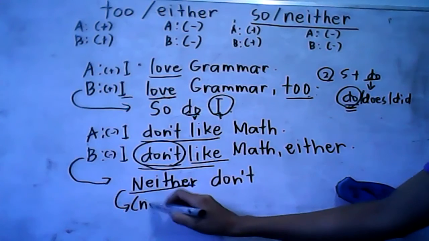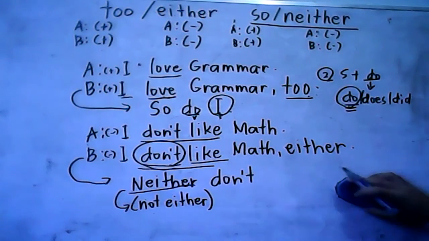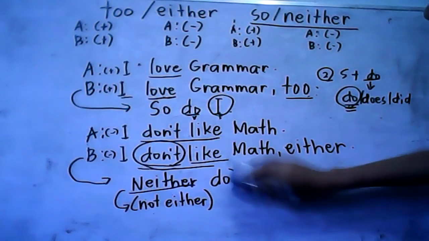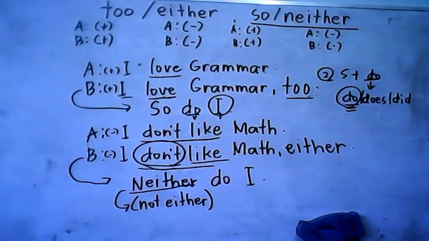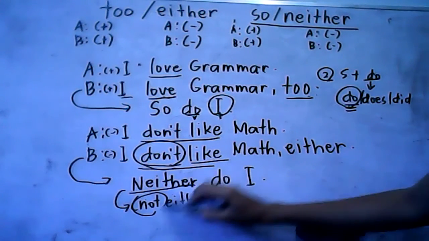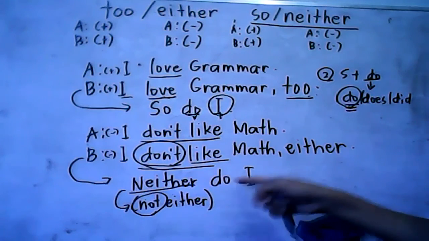It's like not either. So we cannot use a negative word in here anymore. So we just use do. And then your subject is I, neither do I. Why did we erase not? Because you already have not in here. That would be redundancy if you have not in here and another not in here.